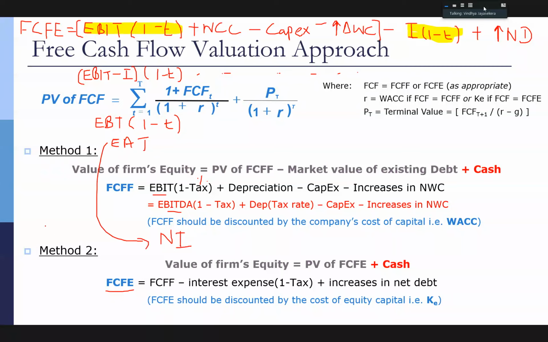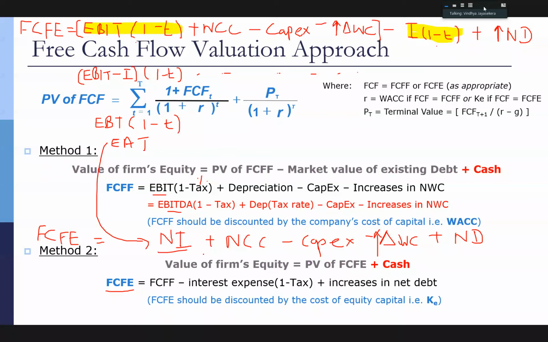So my free cash flows to equity can be rewritten as net income plus my non-cash components minus capex minus increases in net working capital plus the net debt. Because these two that I have highlighted have been combined to net income.